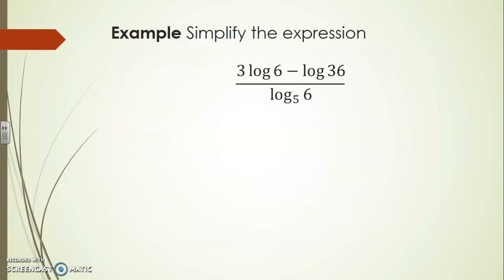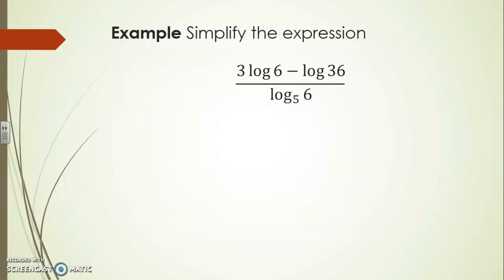Let's start off maybe by using the properties in order to simplify expressions. So here we have at the numerator 3 log of 6 minus log of 36. It's understood that both these logarithms are in base 10, and all this divided by log in base 5 of 6. So first and foremost, we probably would like to combine the terms on the numerator, but they are not exactly equal.